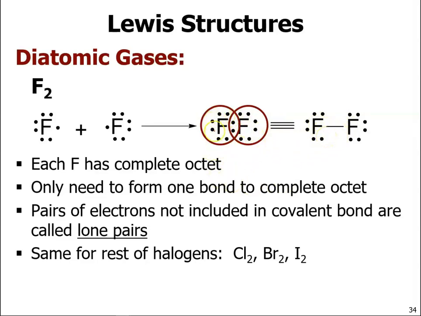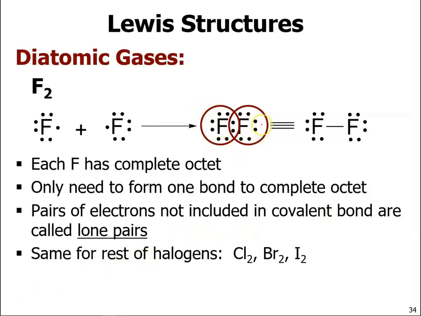These electrons now on the outside, these are called lone pairs of electrons. So we have 1 lone pair, 2 lone pairs, 3 lone pairs per fluorine here. So 3 on each. And those we're going to want to keep track of because we're going to have some interesting things that we use with those later on in the semester.